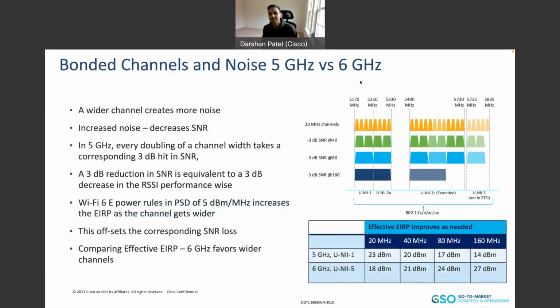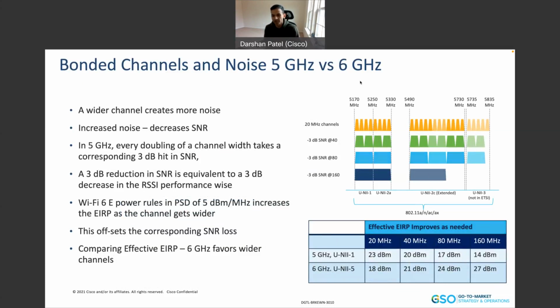And this is a clear picture to understand what we mean by increase and what we mean by decrease. So let's take a look at our 5 gigahertz. As we can see, for each doubling of the channel width, it reduces SNR by 3 dB. In fact, it reduces the signal strength by 3 dB.